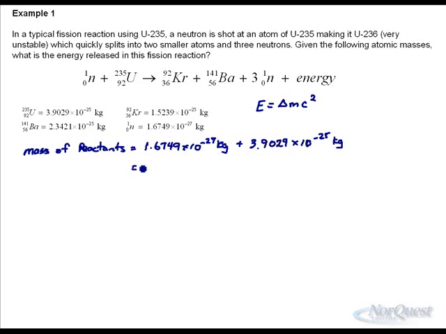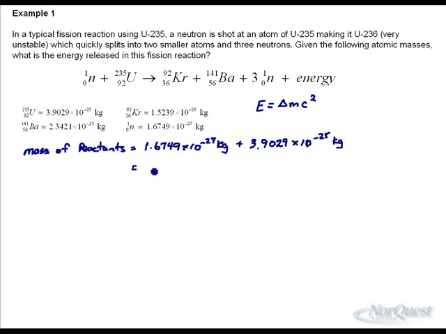Put it all together, you seem to always make a mistake with your numbers. 1.6749 to the exponent negative 27 plus 3.9029 to the exponent negative 25.